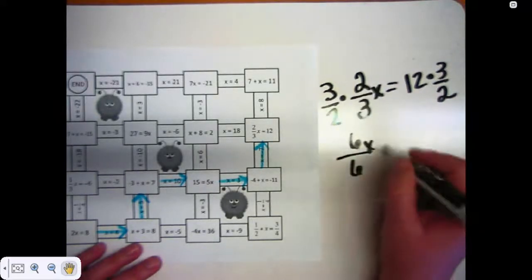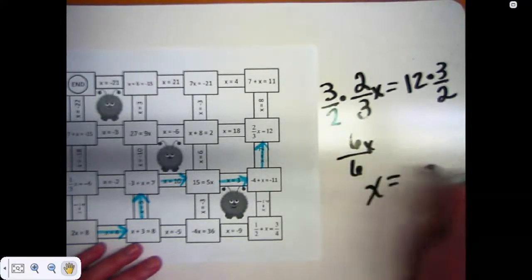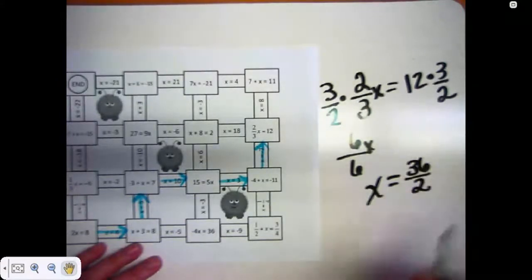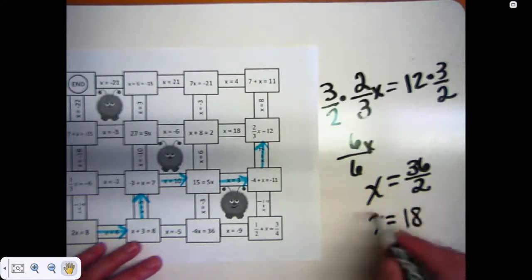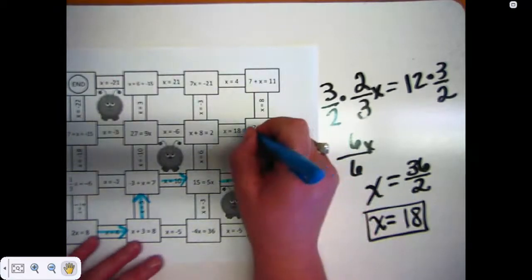We know that equals 1, and we're just going to leave it as x. 12 times 3 is 36 over 2. And we know that 36 divided by 2 is 18. So I'm going to look for positive 18, which is right here.